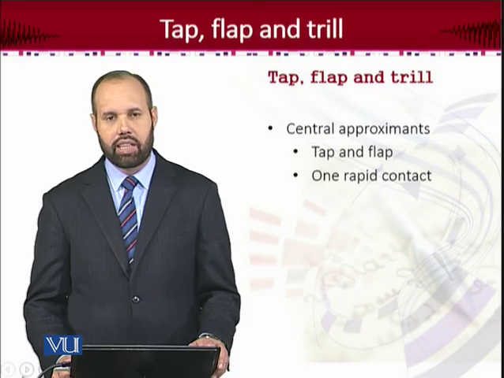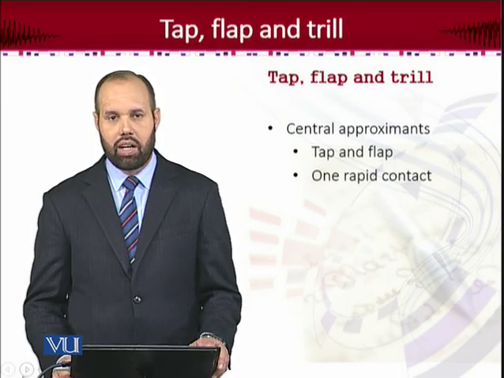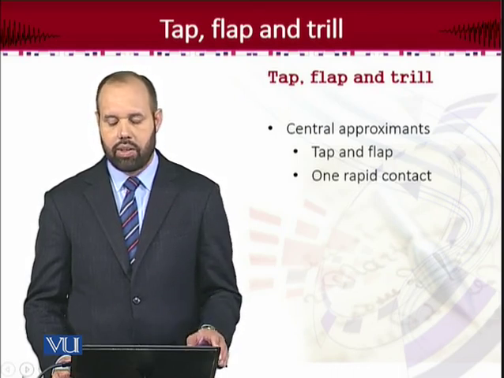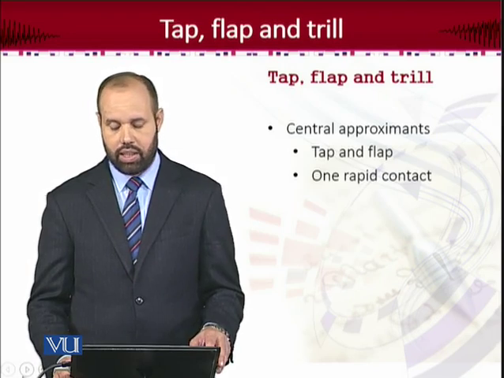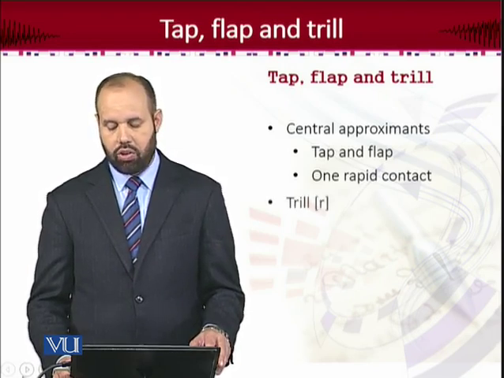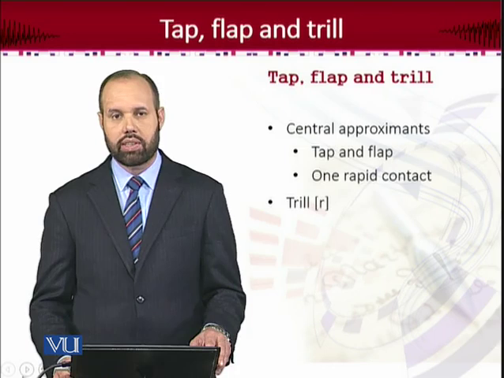It's a very rapid contact, and it's only once. So that's tap or flap. I will distinguish between these two later, but right now, just keep in mind that tap and flap are very, very similar, right? Then we have the trill sound, which is r.